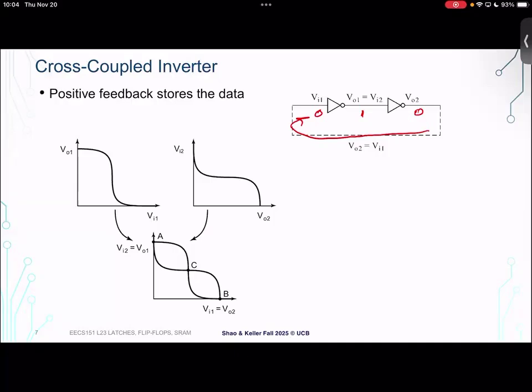So the circuit doesn't really do anything in some sense, right? Just whatever value is sitting there at the start, that's what value stays there in the positive feedback for as long as it is powered, right? So on the one hand, it doesn't really do anything.